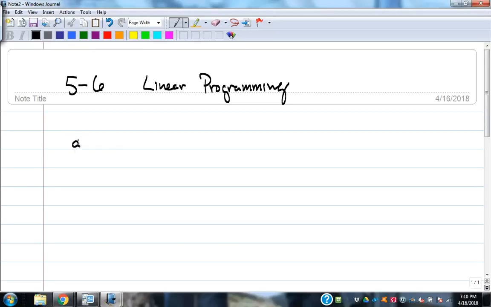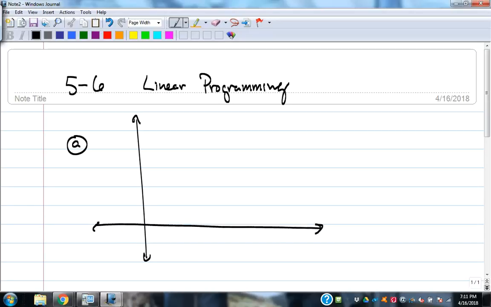Linear programming is where you're given a graph. That graph has some sort of polygon drawn on it. And I'm just going to sketch one here. It's probably not going to be perfect graphically, but it's going to be close. Just eyeballing things here.